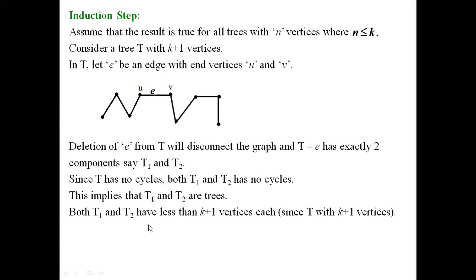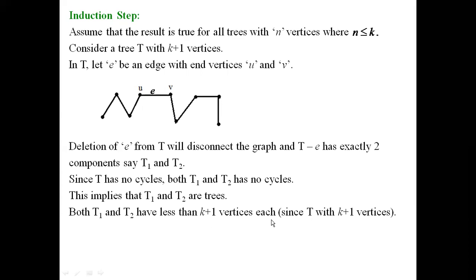Now both T1 and T2 have less than k plus 1 vertices each. Tree T had k plus 1 vertices, so obviously each of the components, that is the trees T1 and T2, has less than k plus 1 vertices.